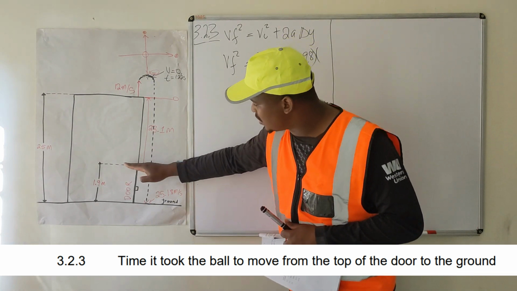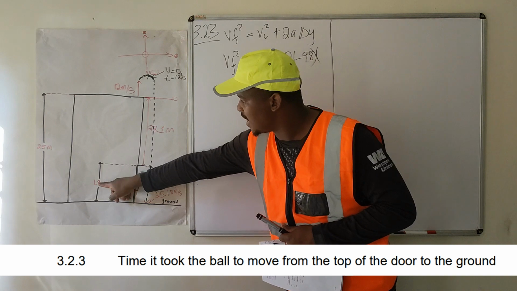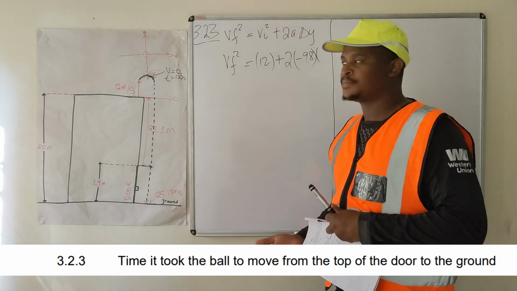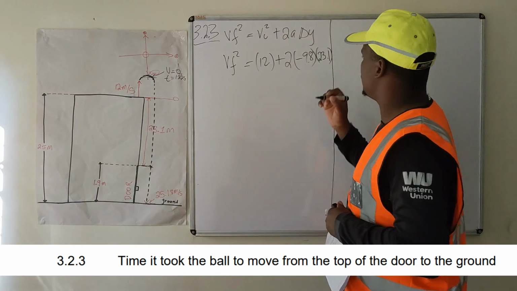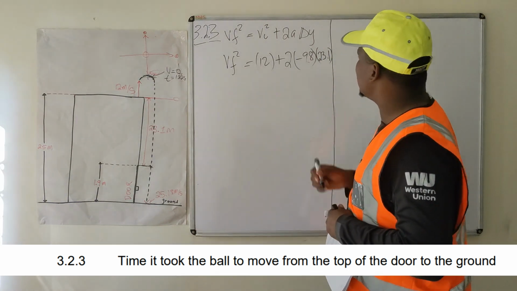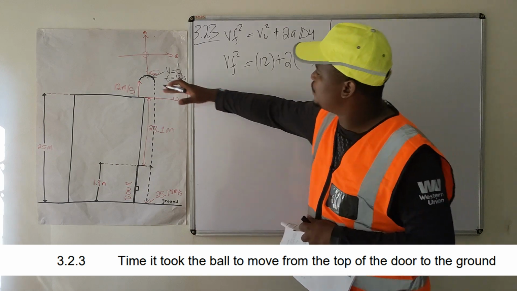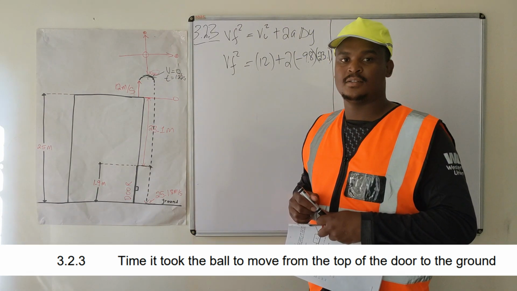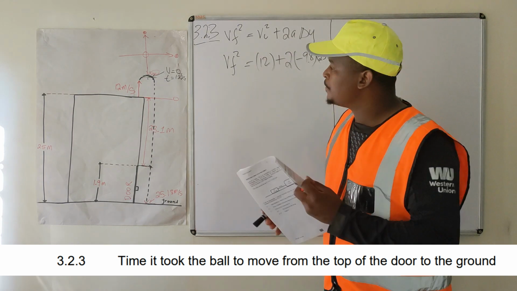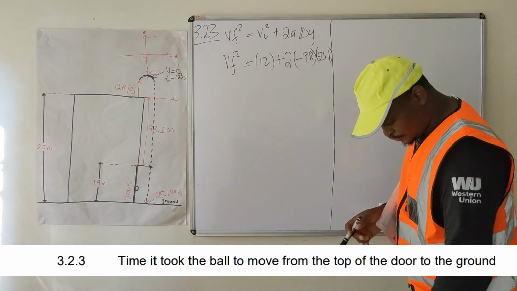And if you continue going down, you add that 1.9 and you get the entire 25 meters. So your displacement is 23.1 meters, and it should be negative because it's below our point of reference, which is where the ball started.